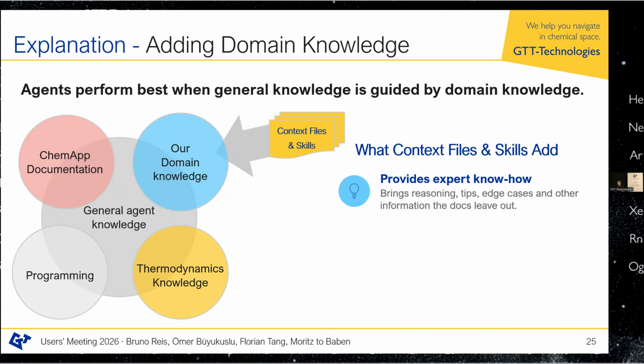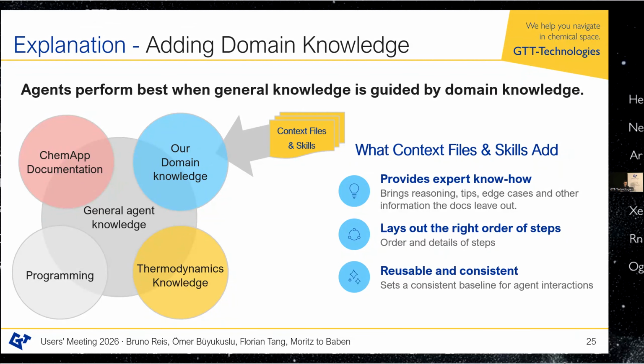Then we need more knowledge. Then we need to know about workflows. These documents will lay out the right order of steps, which calculations to do first. Maybe you want to take your stream and do another sort of operations. This type of information can be stored in these skill files.